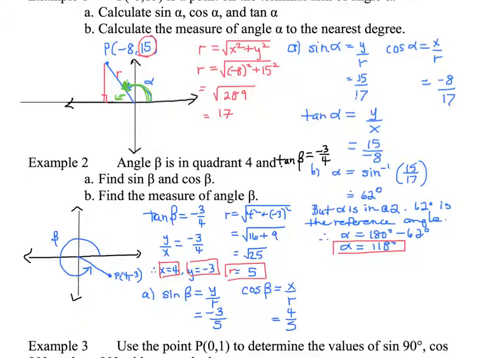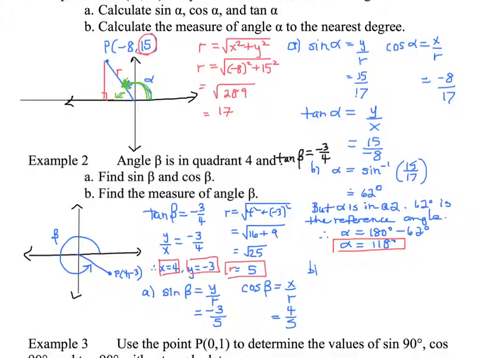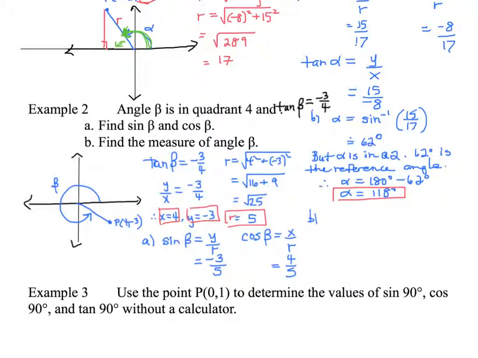Now once again we're asked to find the measure of angle beta. So we know that sine beta is equal to -3/5. So beta will be equal to sine inverse -3/5.